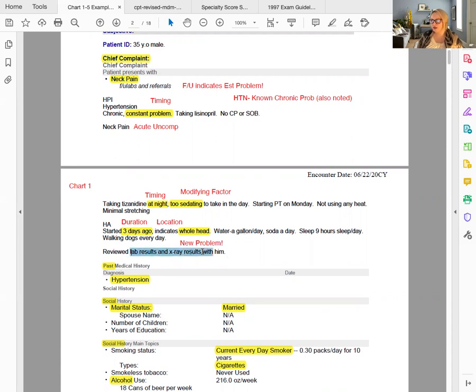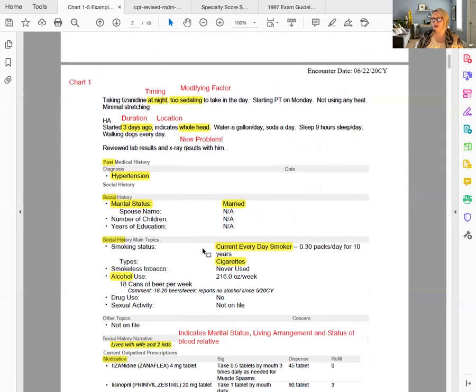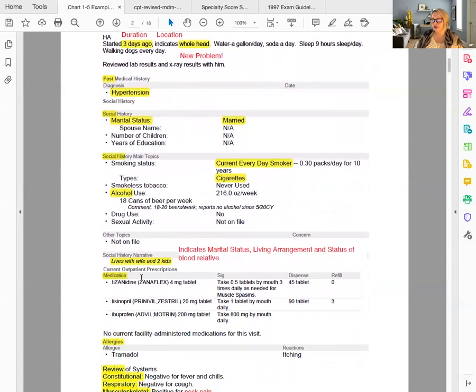There's also things like reviewing labs and x-rays, which doesn't specify exactly which ones necessarily, but so long as there's something in here that would support that, we want to take note of that for our data elements. We have some past history that's reviewed, social histories. So all this is your PFSH.